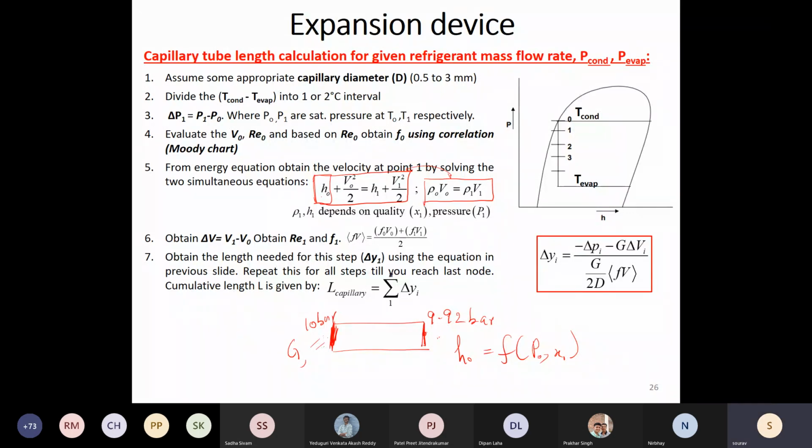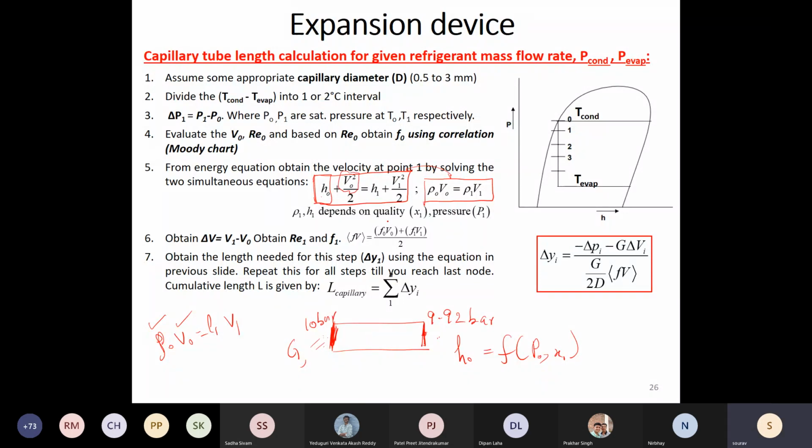And if you apply your mass balance equation, you assume some quality, you get the density at this node. I'm trying to help you out with how the iteration will happen. So assume some quality, get the density, you will get the velocity, and then feed it back into your energy equation.